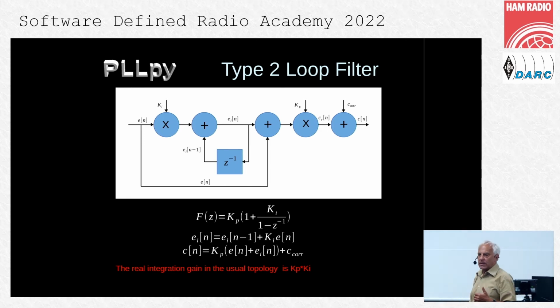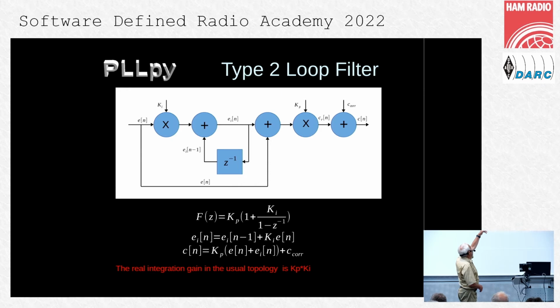Okay, this is the loop filter. That's the type 2 loop filter. Actually, it has an integrator and the error bypass, and the multiplication with the proportional gain is after the filter, and in the last stage there is a correction which you will need to not have a transient when you change the loop bandwidth.